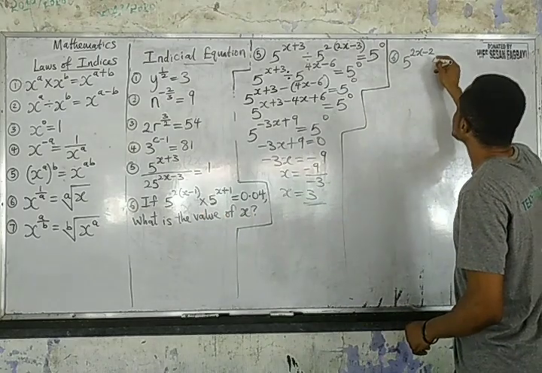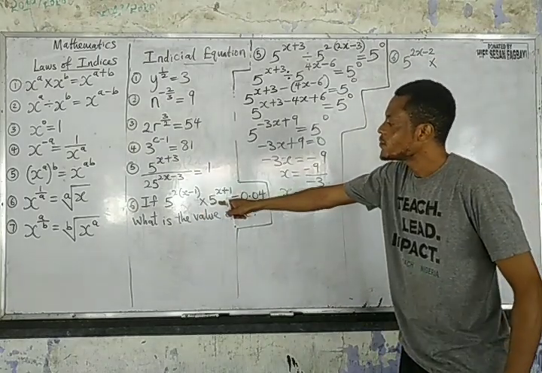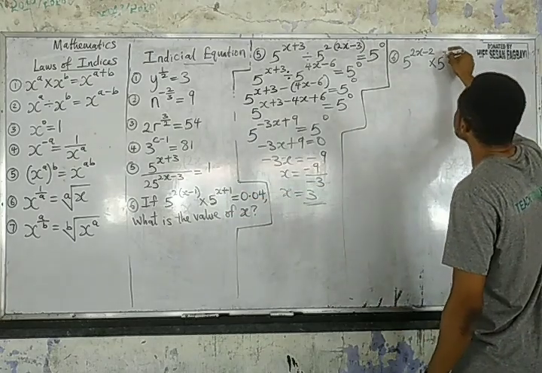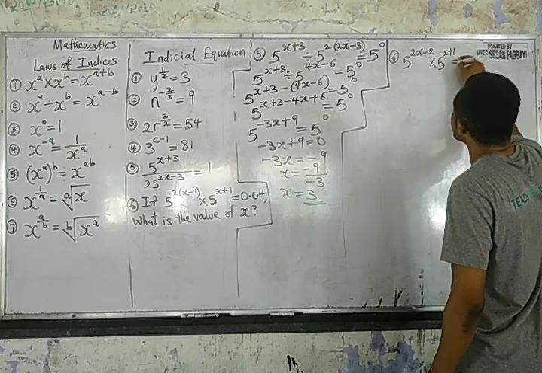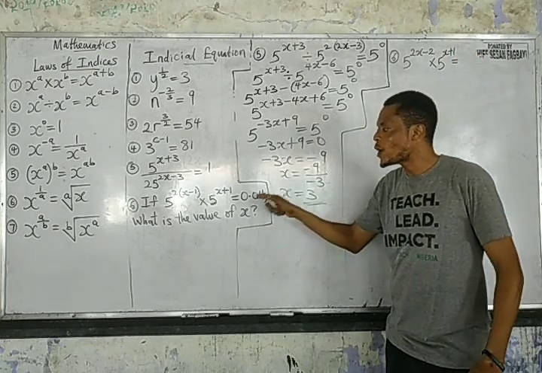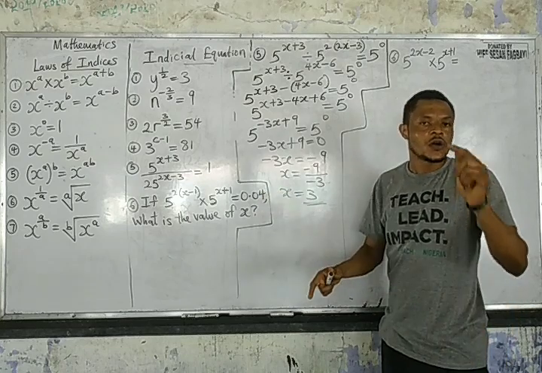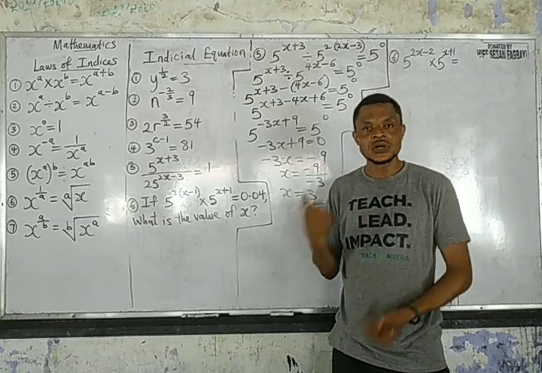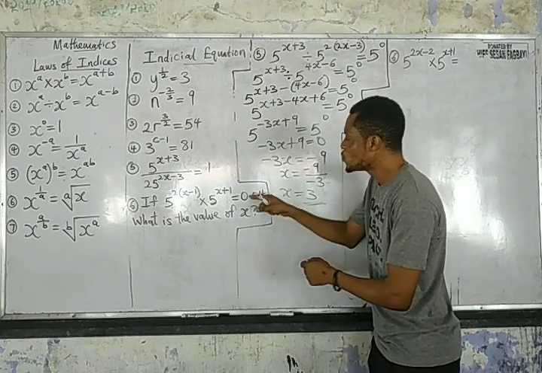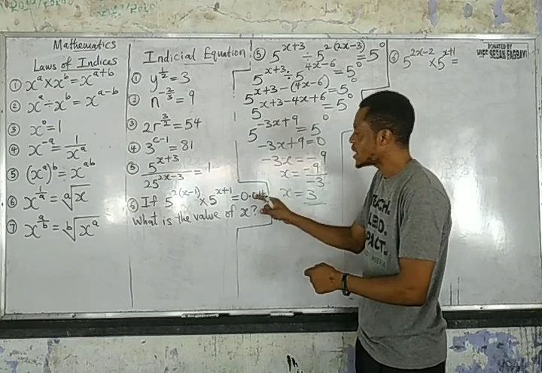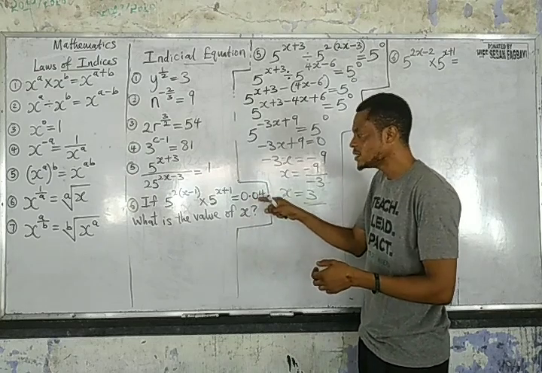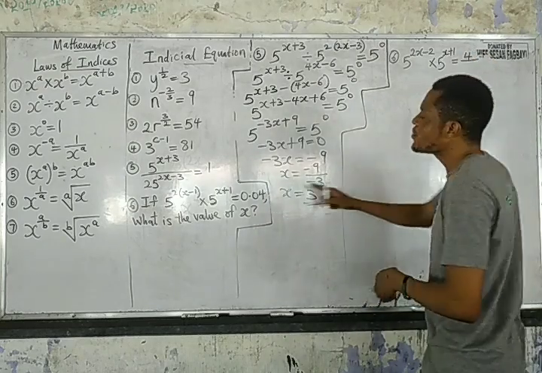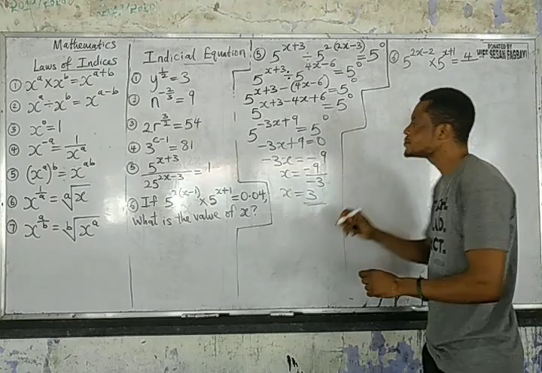I'm rewriting that, multiplied by 5 raised to the power of x plus 1. As it is, I write. Now, equal to 0.04. Considering changing decimals to fraction, as done in the earlier video, we shall move the point to the right side, and we shall count how many times? 1 and 2. So we have 4 all over 100.